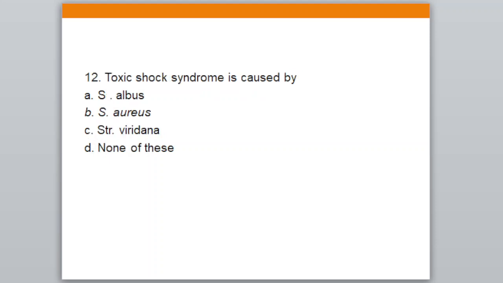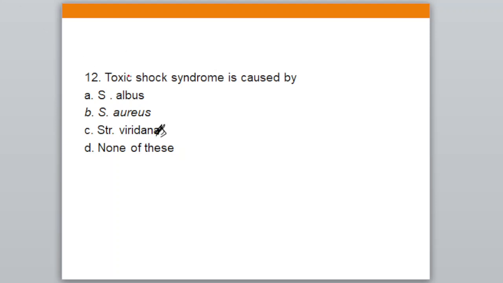Question 12. Toxic shock syndrome is caused by A. S. albus, B. Staphylococcus aureus, C. Streptococcus viridans, D. None of these.